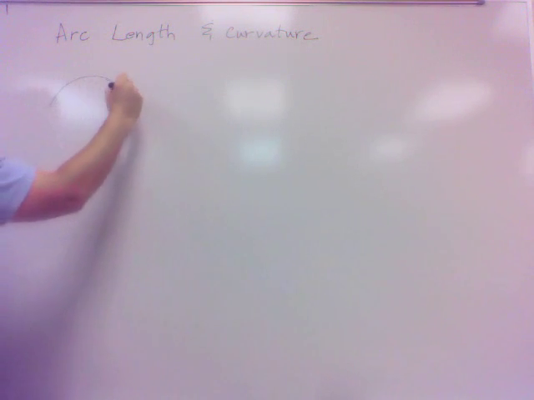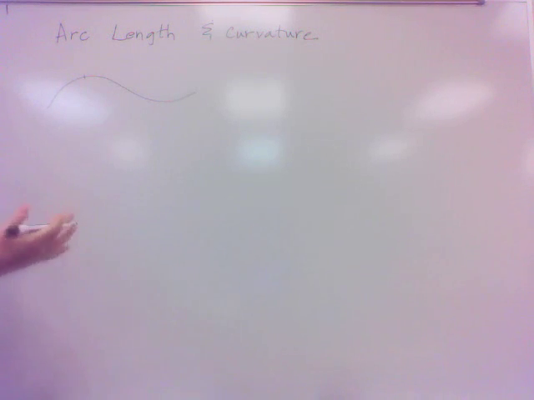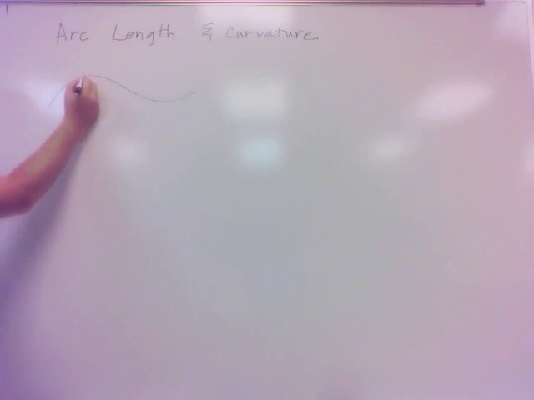All right, talking about arc length and curvature on three-dimensional space curves. We covered arc length before; curvature is a little different measurement. With arc length, what we're basically trying to do is, from a point, call it the base point or start point, measure the length along just the curve.